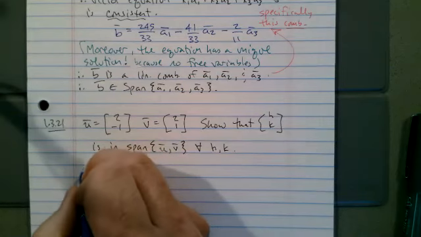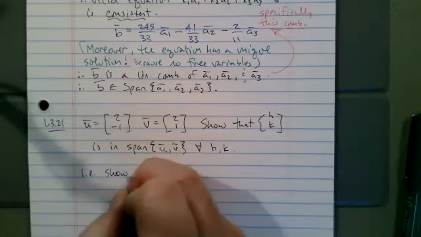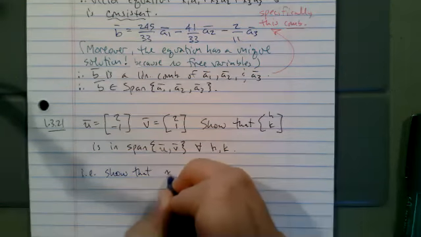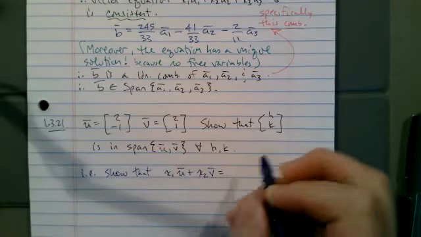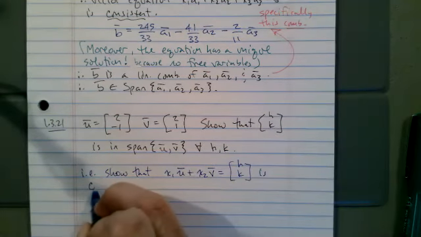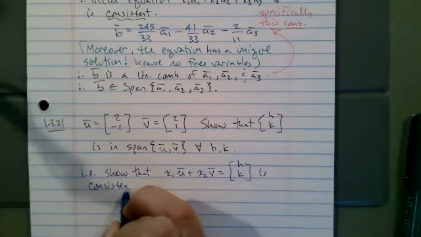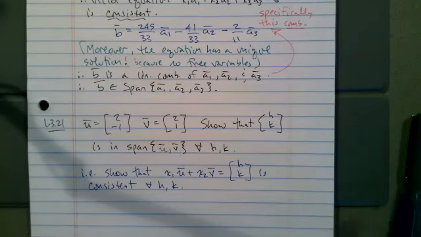So that is, show that x1 times U plus x2 times V equals HK is consistent for all H and K.